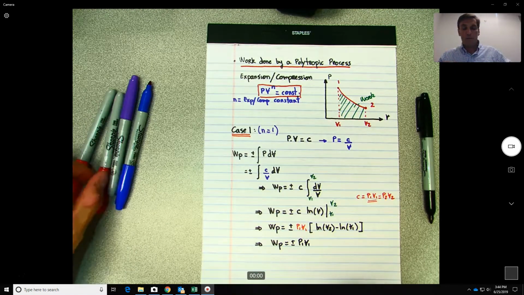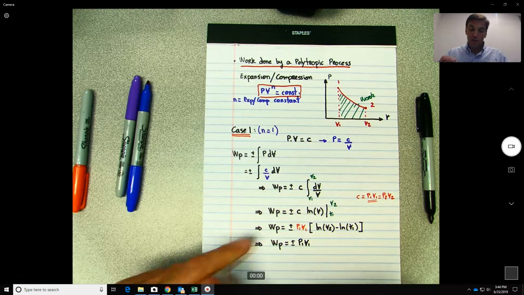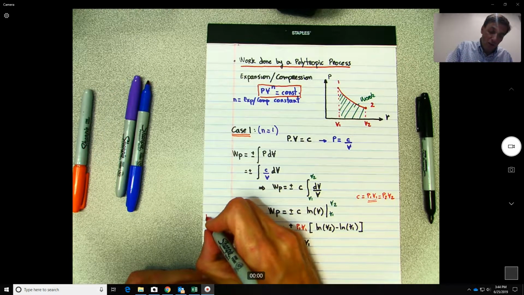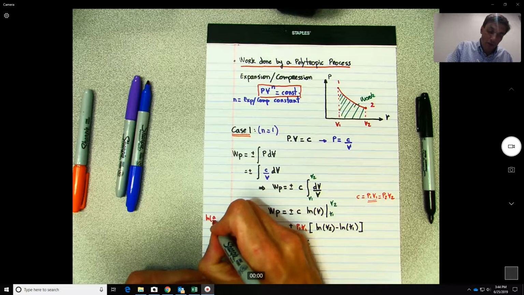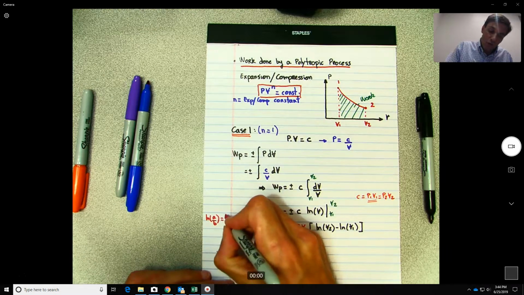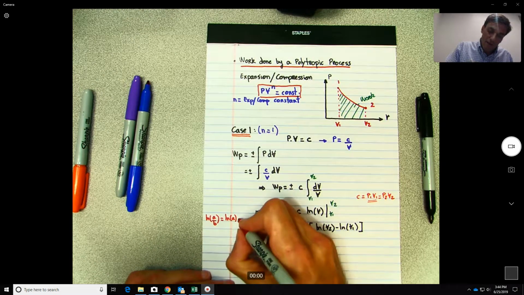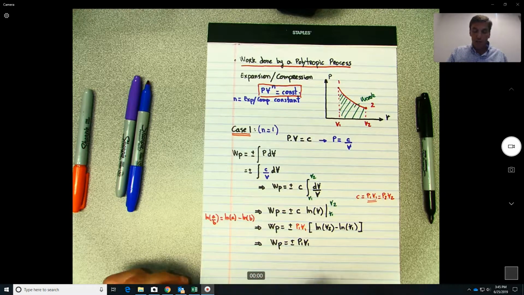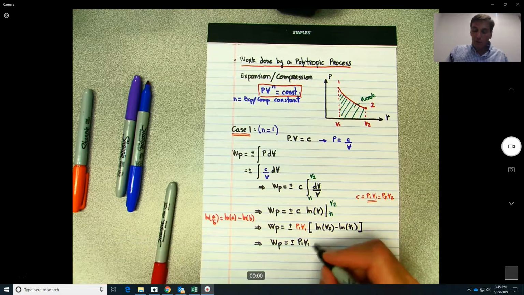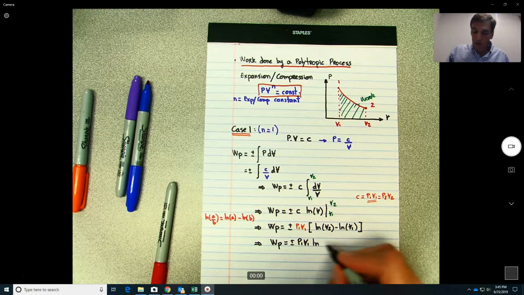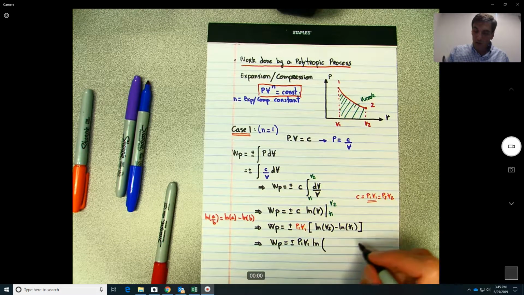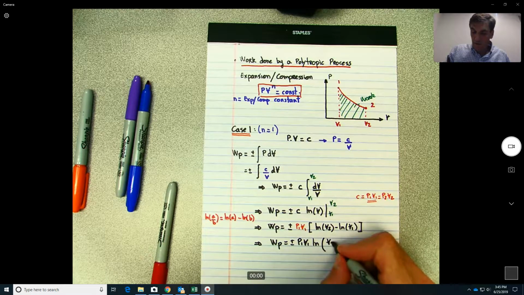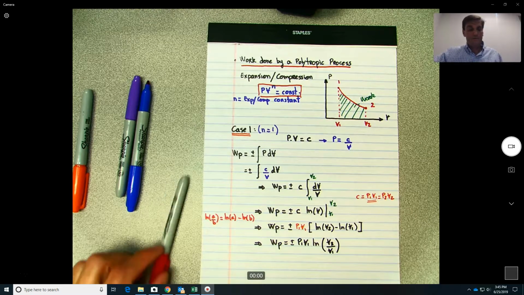And you might remember that log of A over B is equal to log of A minus log of B. So using this relation, the work done is equal to log of V2 over V1.